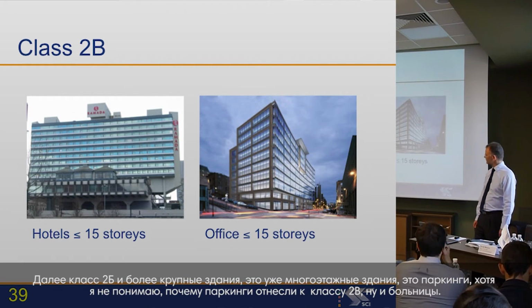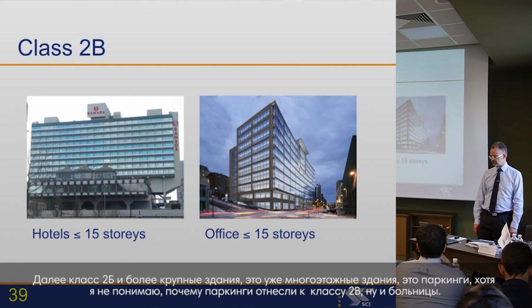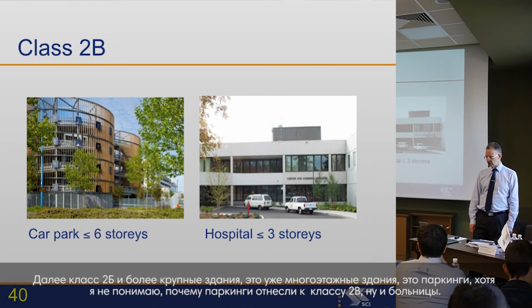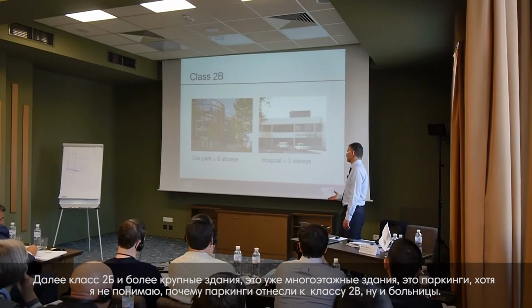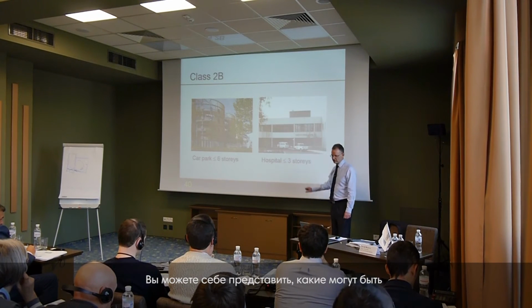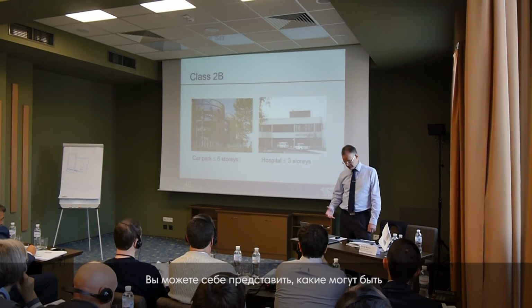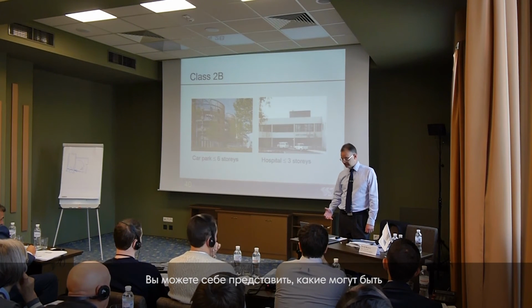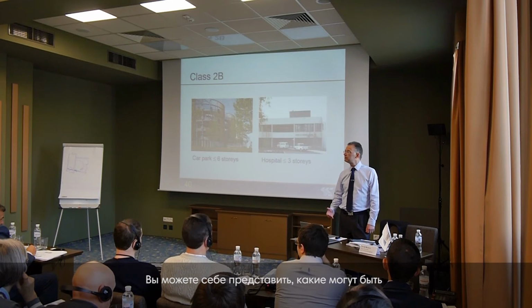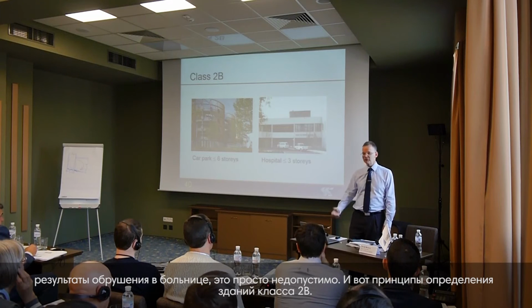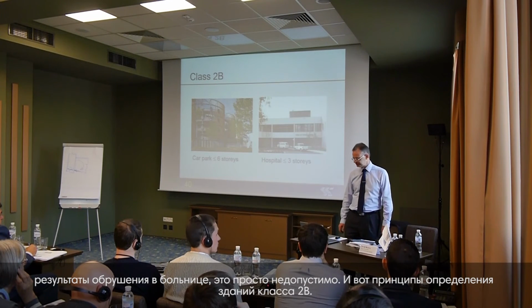This is class 2B, so much more significant structures now. Multi-storey buildings. Car parks, I'm not sure why car parks are class 2B. And hospitals. So one can imagine that the results of a collapse in a hospital would be unacceptable.